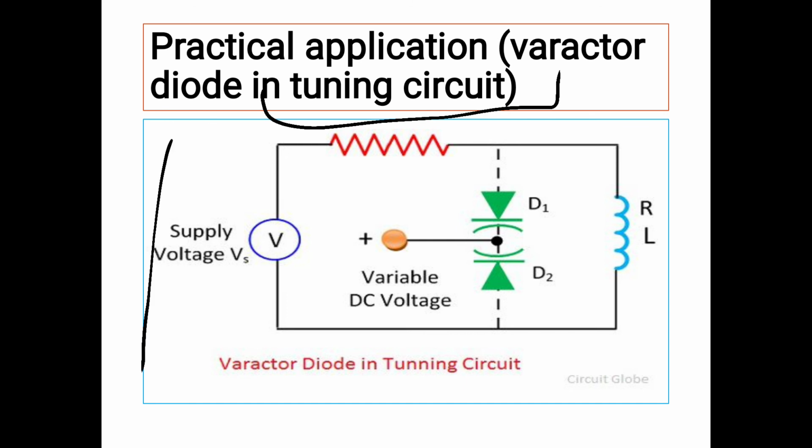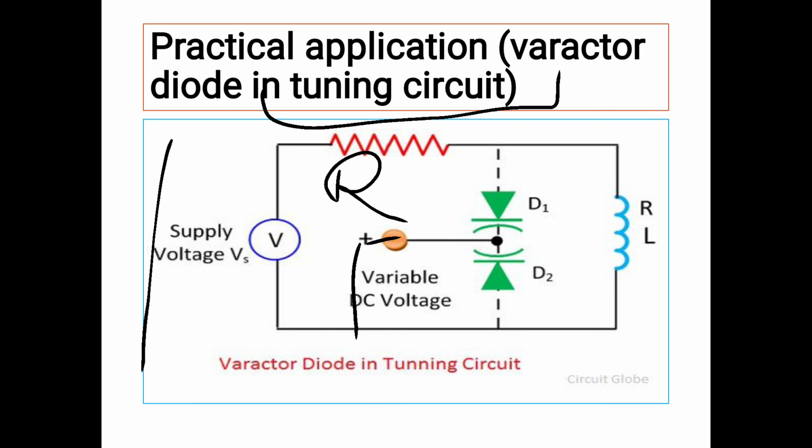You can see this is the resistance, and these D1 and D2 are the two varactor diodes. They are connected in series, and this is our variable DC voltage, which is going to vary, and depending on this variation of the input voltage, our diode D1 and D2 capacitance is also going to vary.